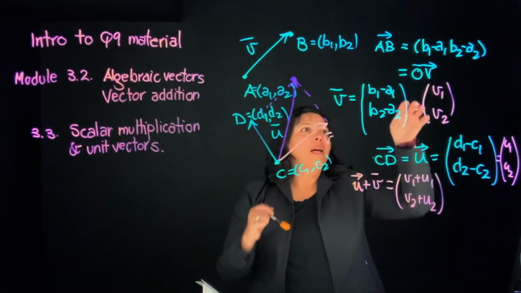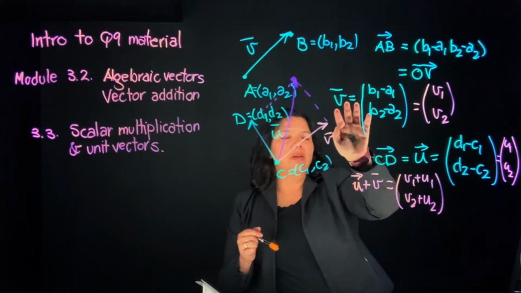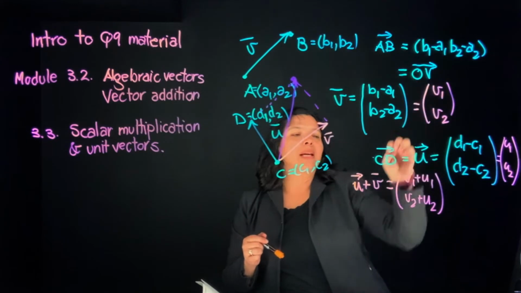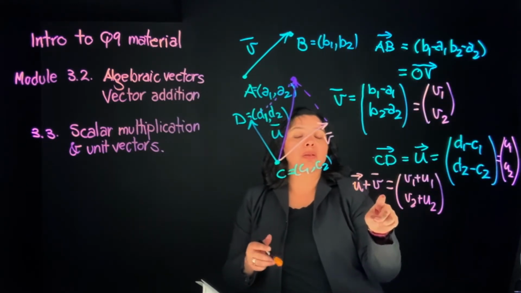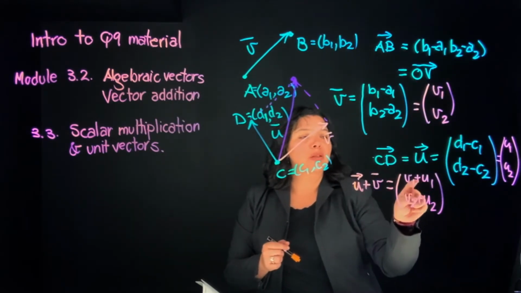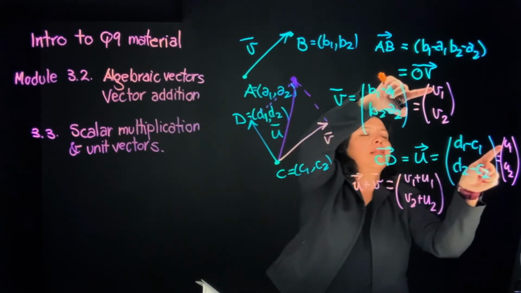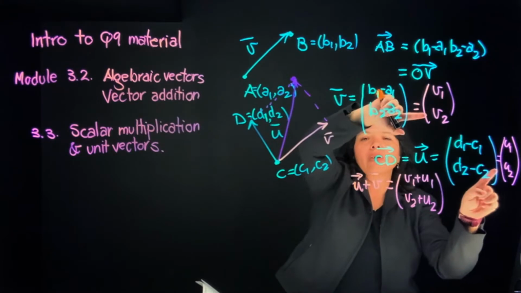Again, the reason why we need to move this to the origin and present them like this is because once I have them like this, adding vectors or even subtracting vectors will just happen component-wise. So that means that I just have to look at these entries and add them or subtract them.